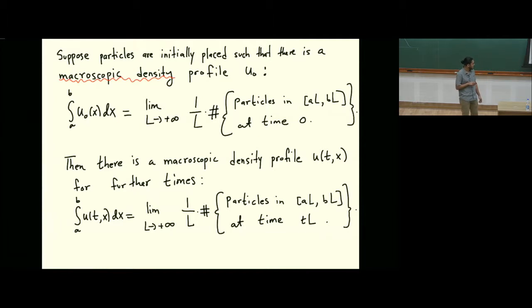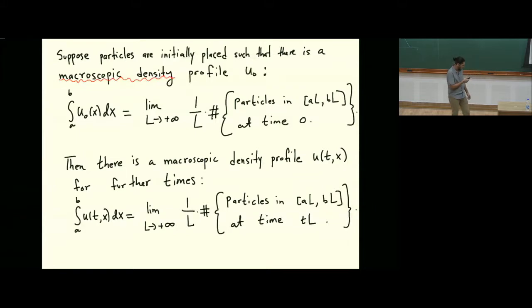And you notice that this limit is a random number because this is TASEP at some macroscopic time, so there's some dynamics there. So one part of the statement of the theorem is that this random number is in fact deterministic, and not only that, but also that it can be represented as integration against a density function u_t(x).